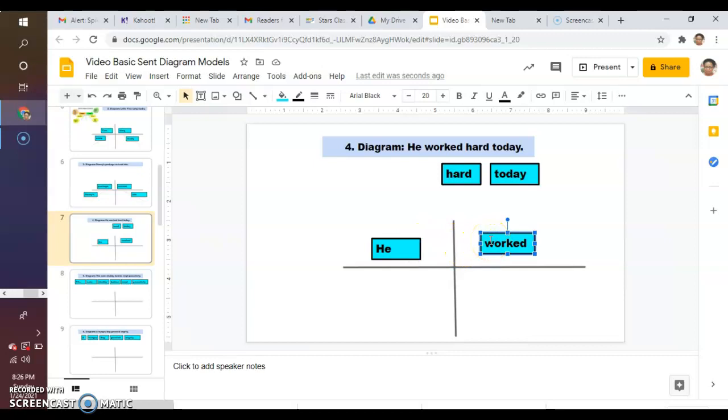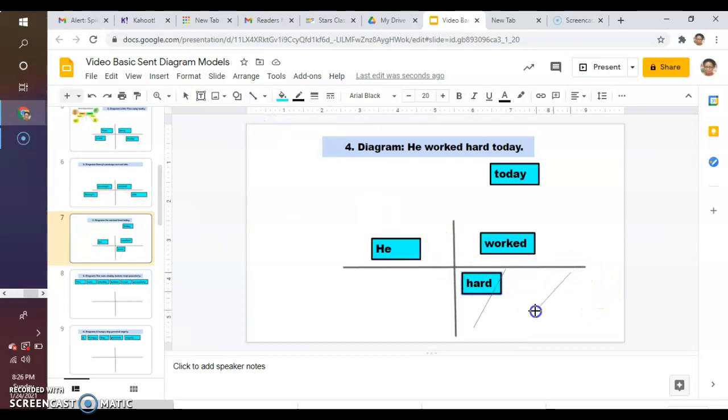Well, it tells you how he worked. So it's going to go under the verb line and it would be considered an adverb. So we'll put hard there. Now, today, is it modifying he or about the working? Well, since it tells you when he works, it's modifying the working.